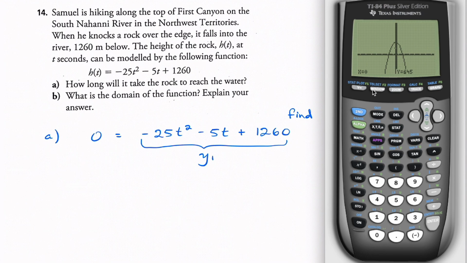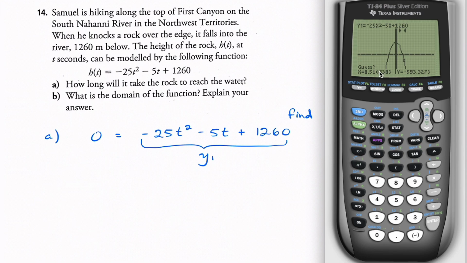I want to find that x-intercept though, so let's go second, trace. That occurs at a height of 0. So we're going to click option number 2. Okay, and then scroll over to the point at which it crosses, right there. And then we're trying to find the left bound. So go to the left of it, enter to the right of it, because it's now asking for the right bound.